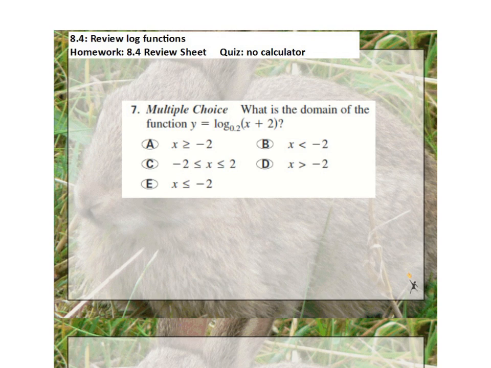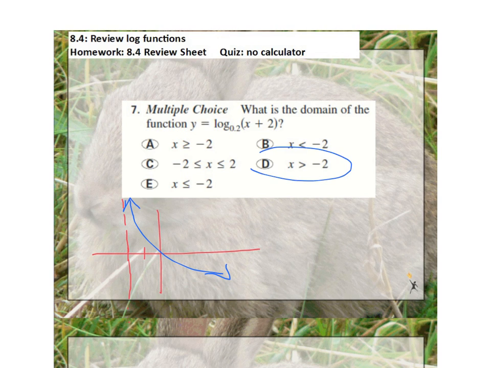The domain. Okay, so let's find our asymptote. It's going to be at x equals -2. And the base is less than 1, which means it's going to decrease, but that doesn't affect the domain.